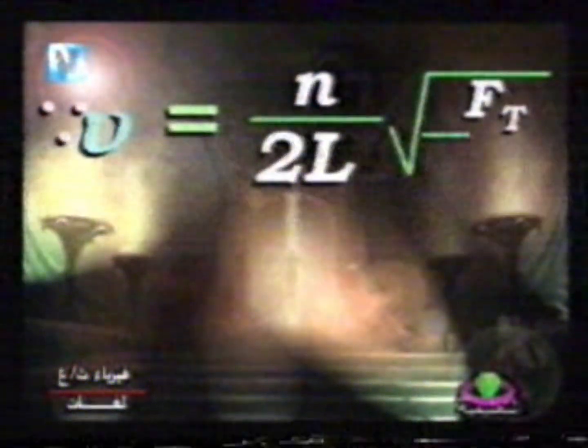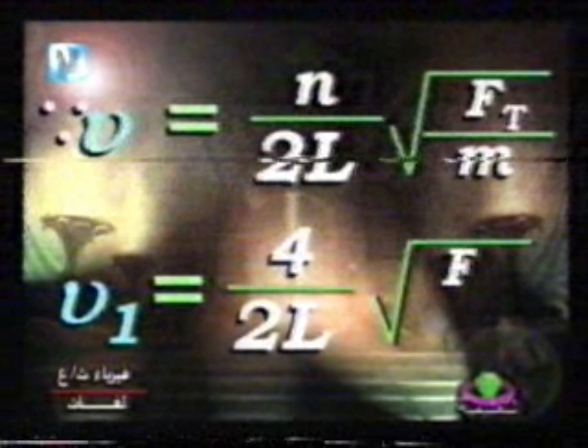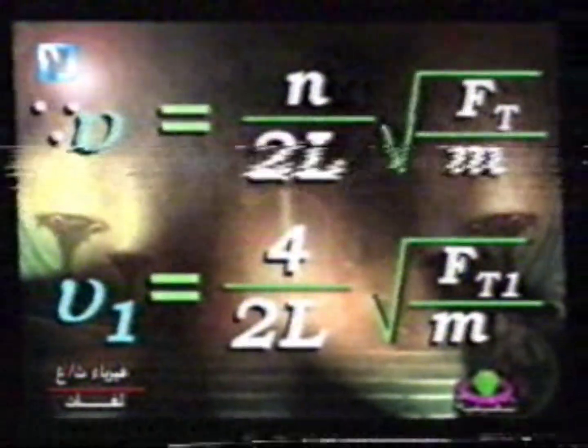The solution. Since nu equals n over 2L root Ft over m, therefore nu1 equals 4 over 2L root Ft1 over m. What about nu2? Nu2 equals 5 over 2L root Ft2 over m.